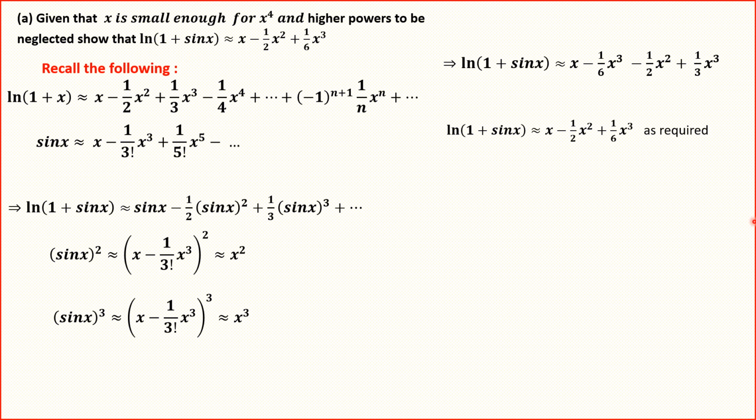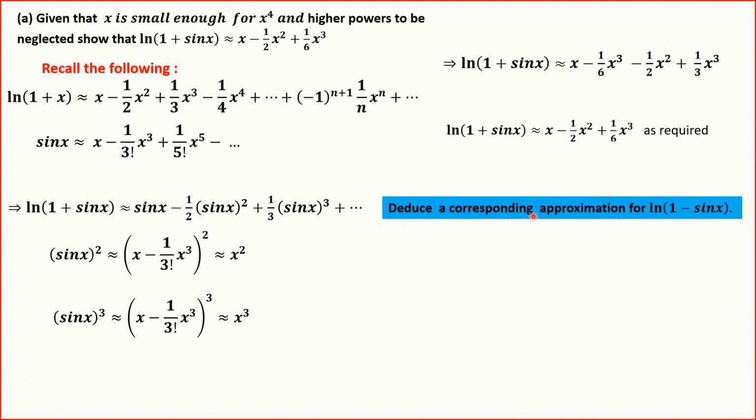Now let's go to the other part of the question that asks us to deduce an approximation for ln of 1 minus sine x. We know that we have ln of 1 plus sine x equal to this, and we know that the sine function is an odd function. So if I replace x by negative x, sine of negative x is negative sine of x.